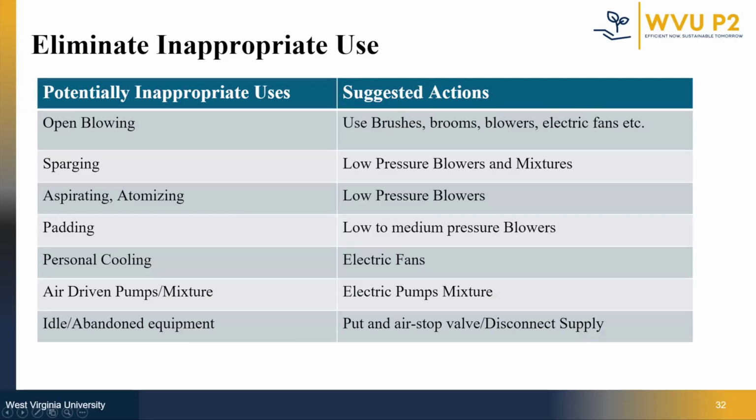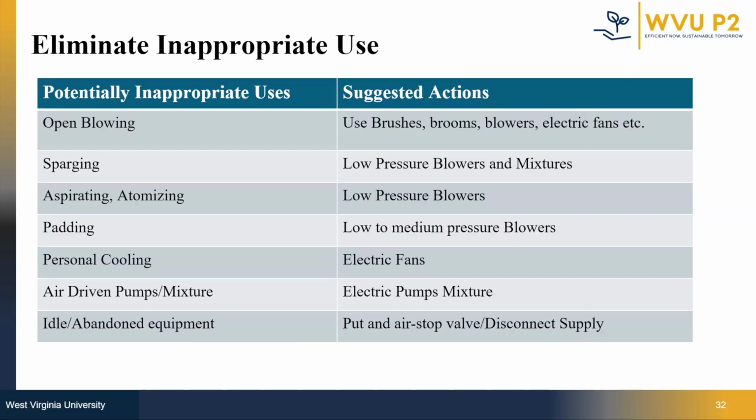Now, let's look at some practical alternatives to compressed air use. Instead of open blowing for cleaning, we can use brushes, brooms, or even low pressure blowers for sparging and atomizing. Low pressure blowers work much more efficiently.